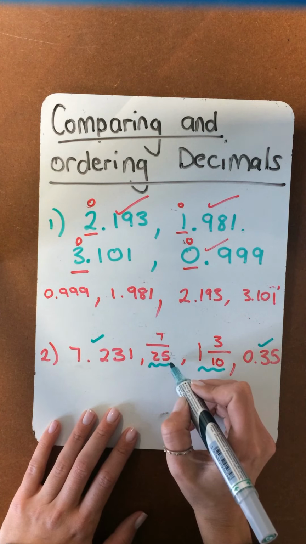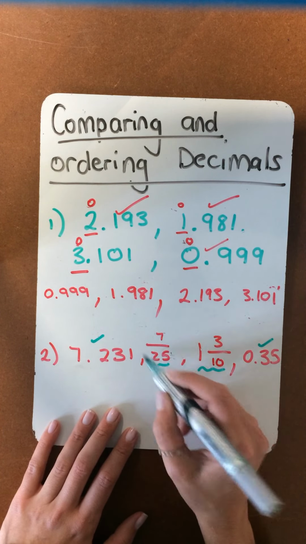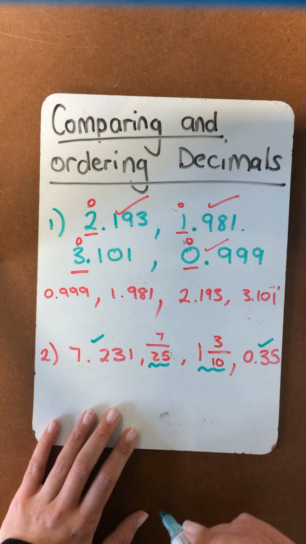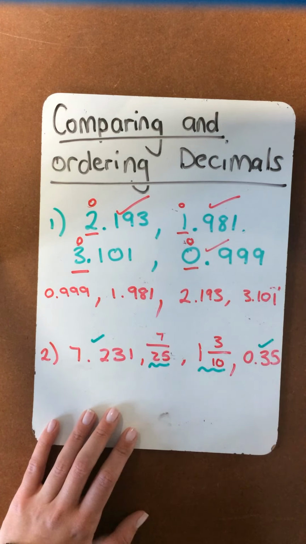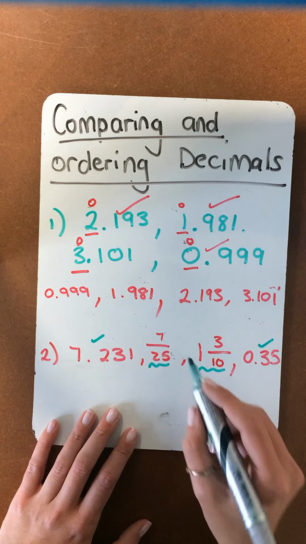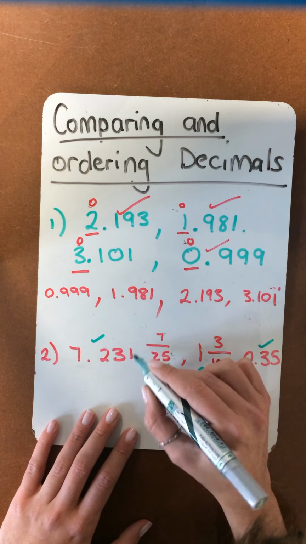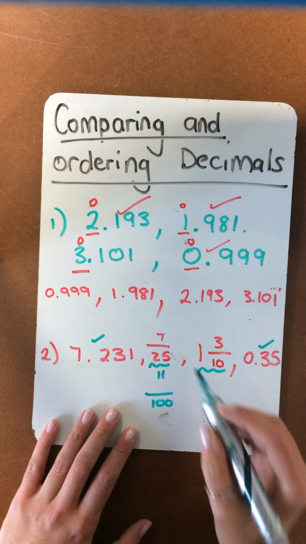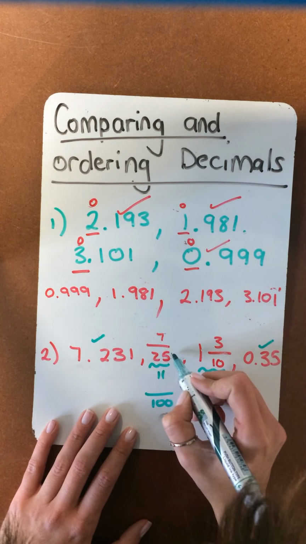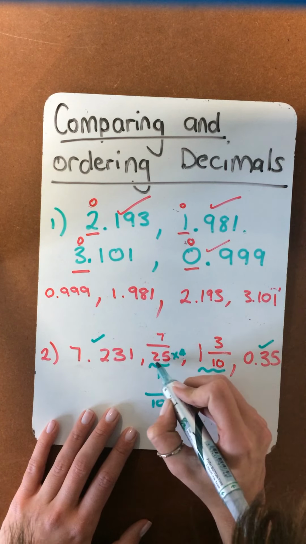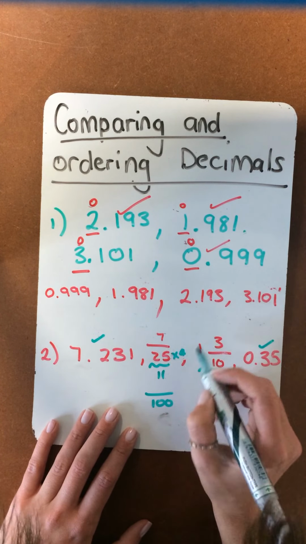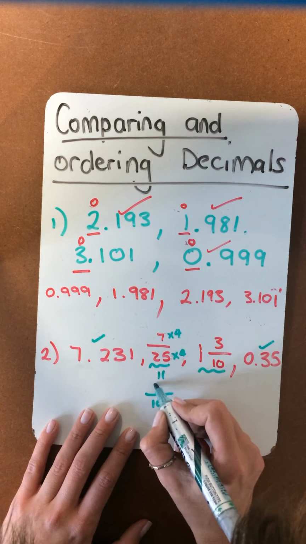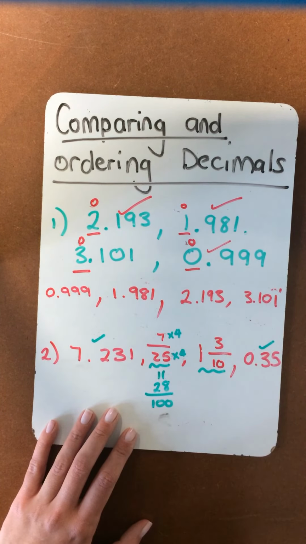7/25. Now, we cannot change this to a decimal because the denominator is not 10, 100, or 1000, for the tenths, hundredths, and thousandths column. So, before I can change it to a decimal, I first have to change the whole fraction so that the denominator is 100. I know to get 25 to 100, I multiply by 4. So 25 times 4 is 100. What you do to the bottom, you do to the top. So I'm going to say 7 also times 4, which gives me 28.